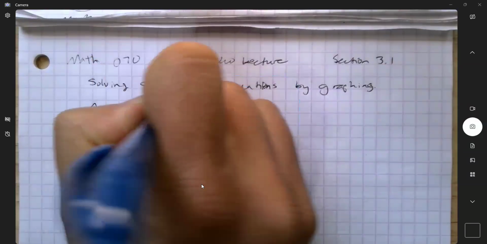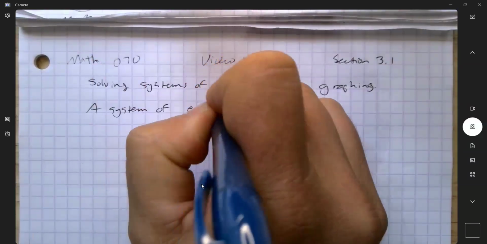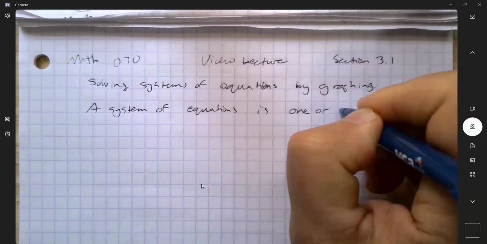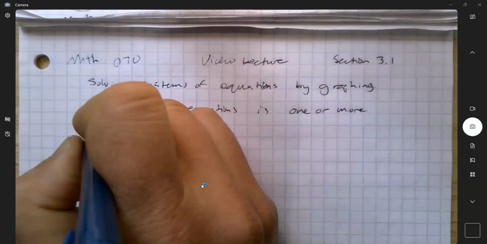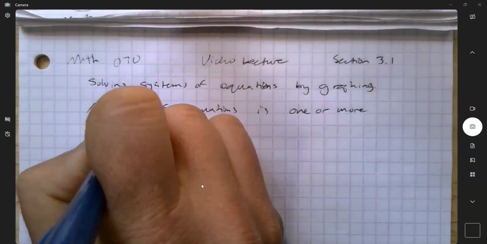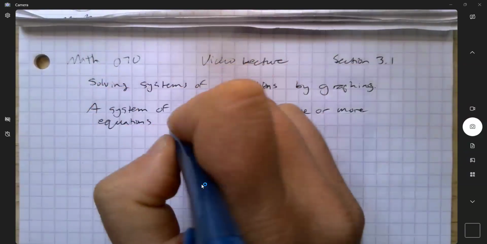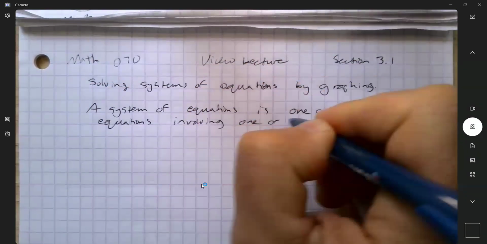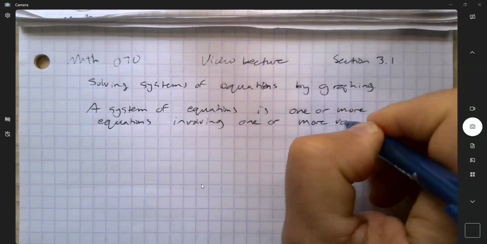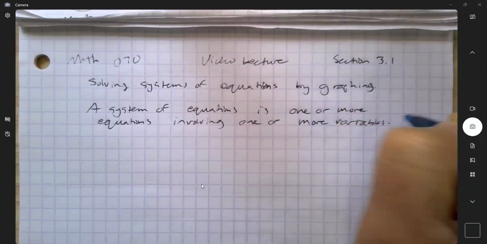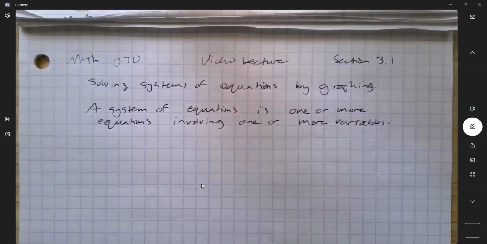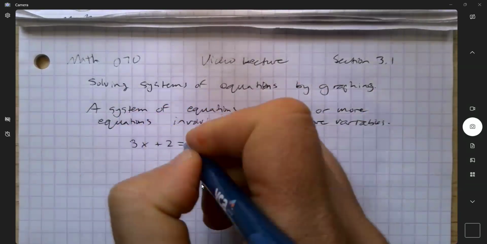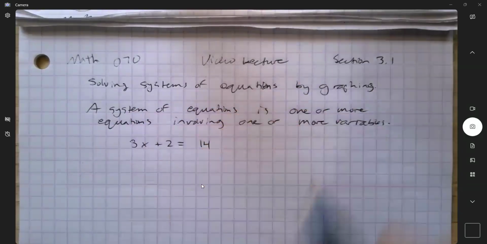A system of equations is simply one or more equations involving one or more variables. We've been working with very simple systems of equations, something like 3x plus 2 equals 14, right?